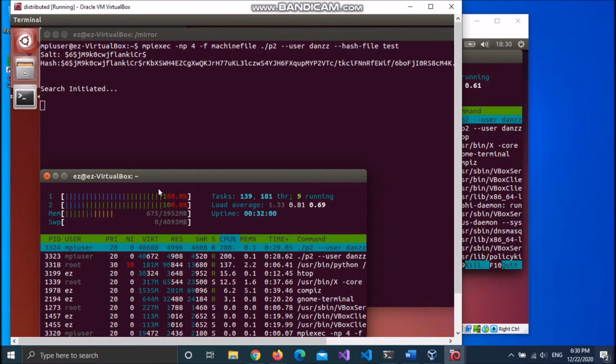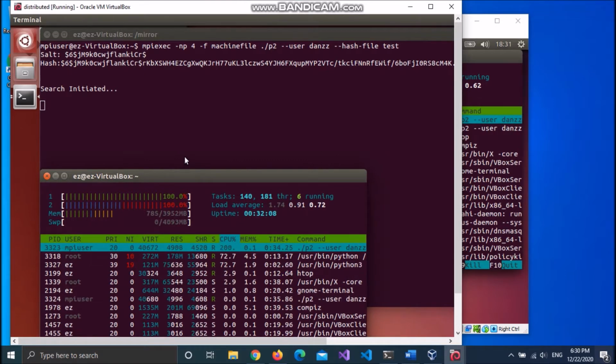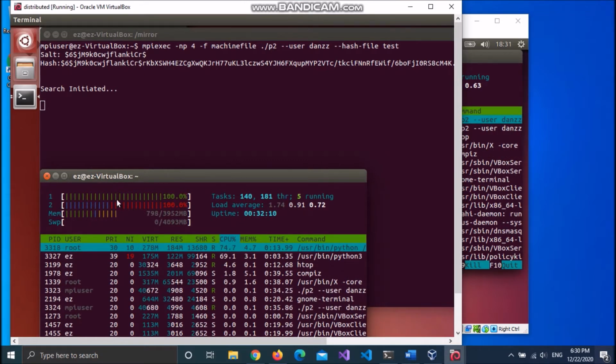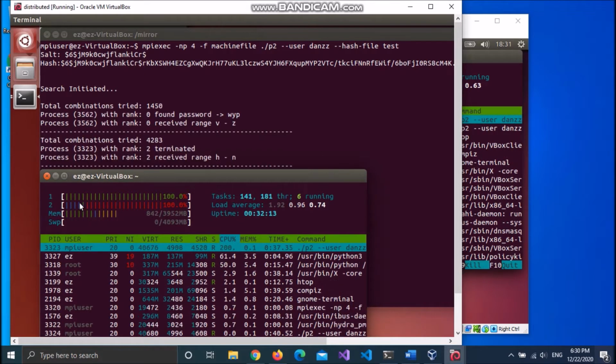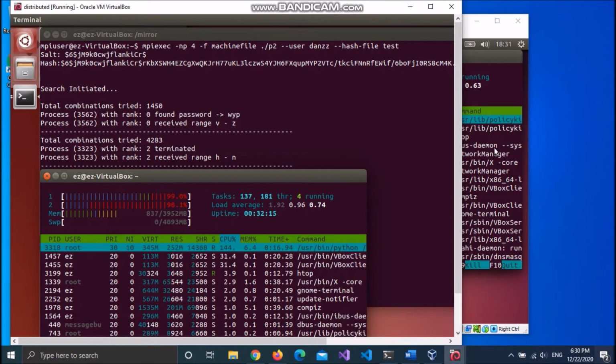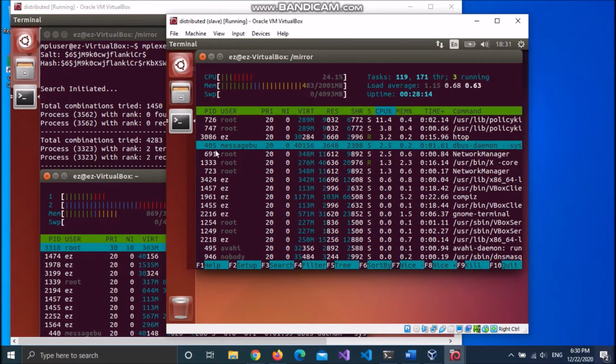The htop on the master machine also shows that the CPUs are at 100% utilization. I have allocated two CPUs for the master machine and only one CPU for the slave machine.